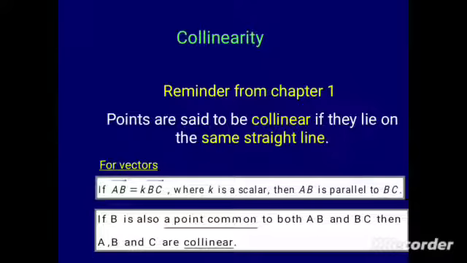So that is exactly what collinearity is all about. There must be two things: their vectors must be parallel, and there should exist a common point. In this case, our common point is B.